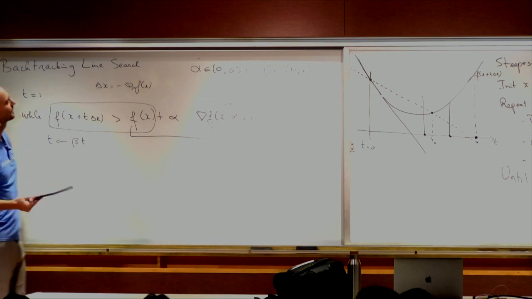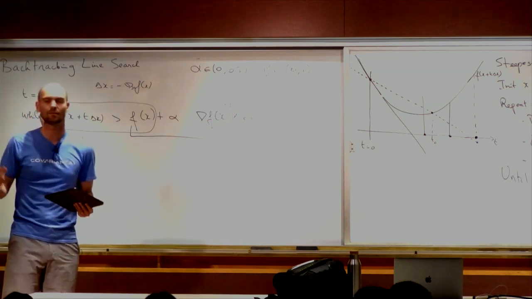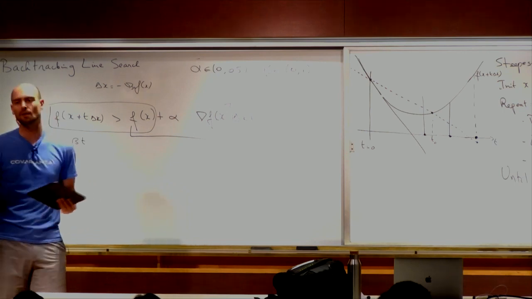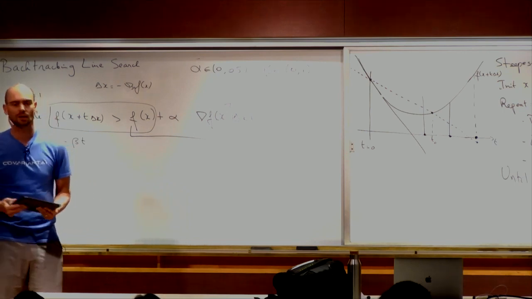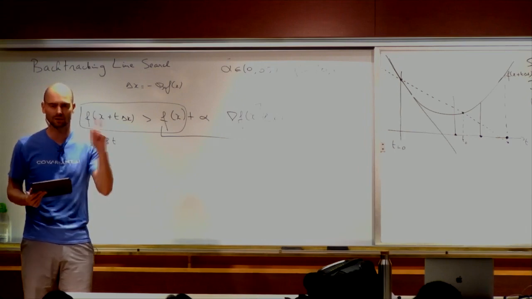This is called backtracking line search. Sometimes it has other names like the Armijo stepping rule. It turns out that aside from being fairly intuitive, it also has nice guarantees. When people try to come up with guarantees, like can I solve in finite time, get within some epsilon of the optimal solution of my problem, well, you can't do exact line search because exact line search will always take infinitely long for one line search.